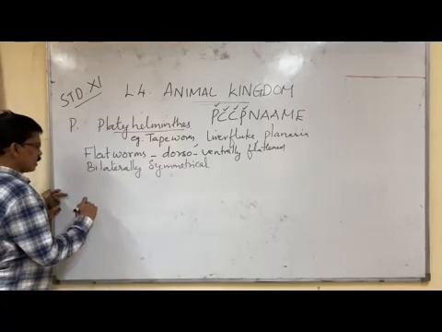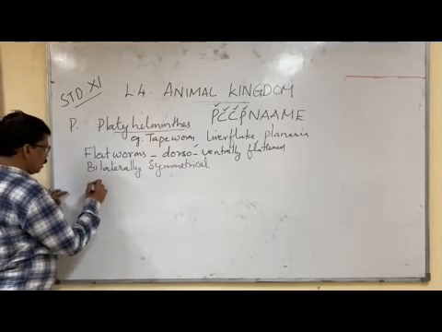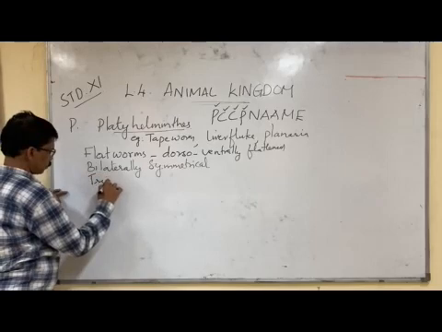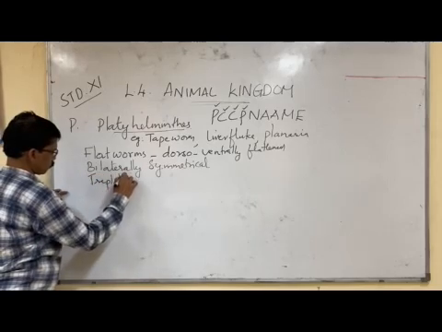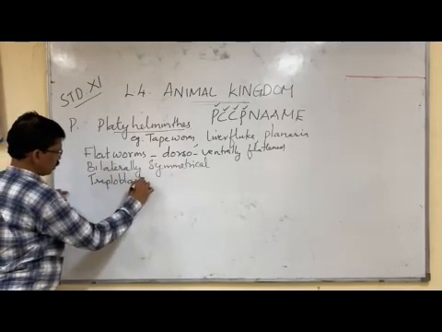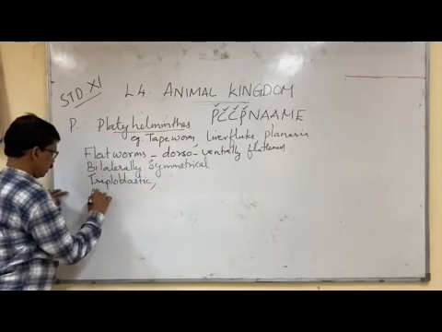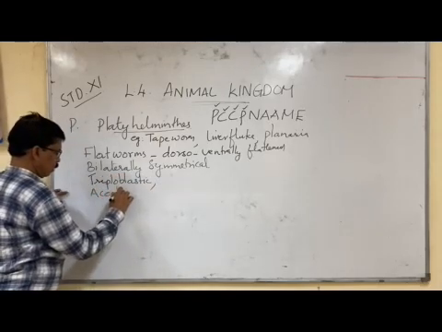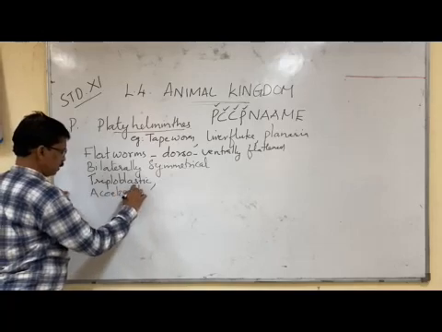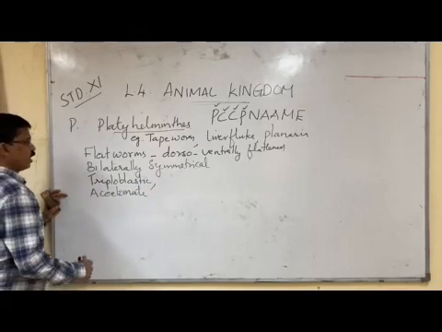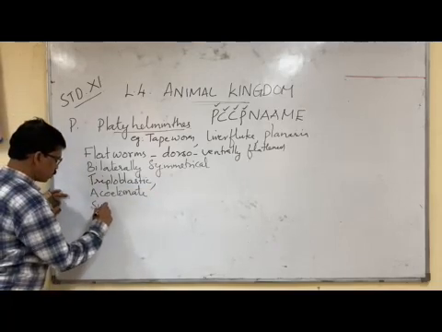Now after that we can say they are triploblastic. Acoelomate. A-C-O-E-L-O-M-A-T-E. Triploblastic, acoelomate.